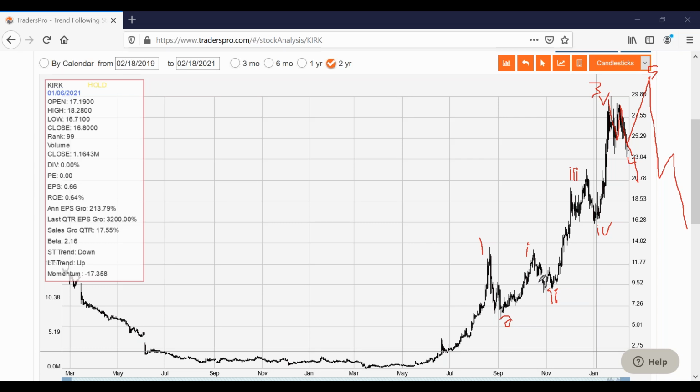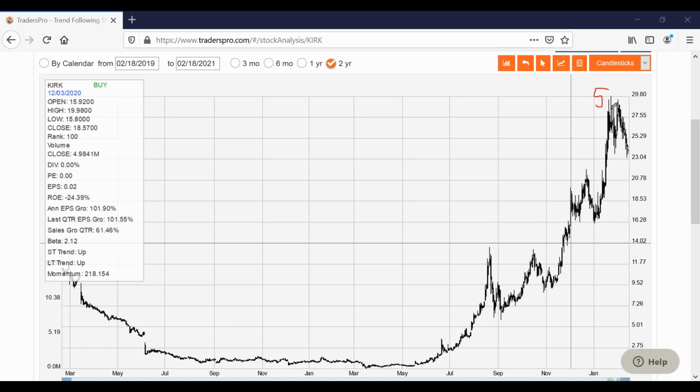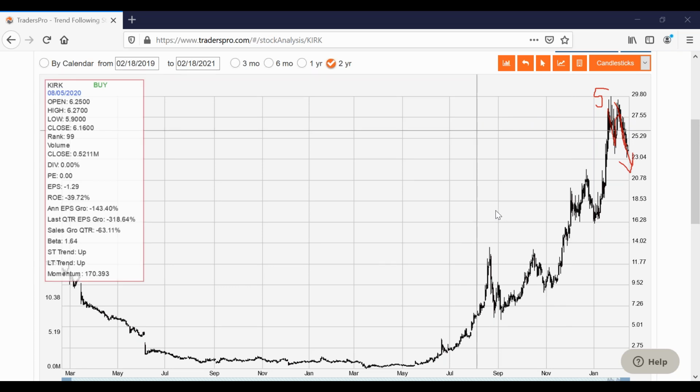And it is also possible that maybe this is the end of wave 5 right here, and we've already started a bigger move down. Now, I don't think that's the case because this whole thing looked more choppy, more sideways.